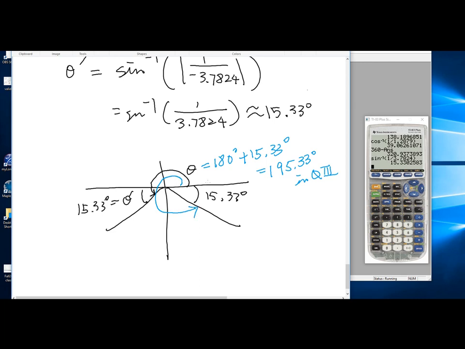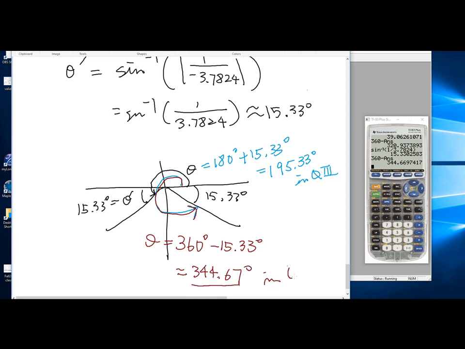So this angle measure right here is 360 take away the reference angle 15.33. So 360 take away the previous answer equals 344.67 degrees.